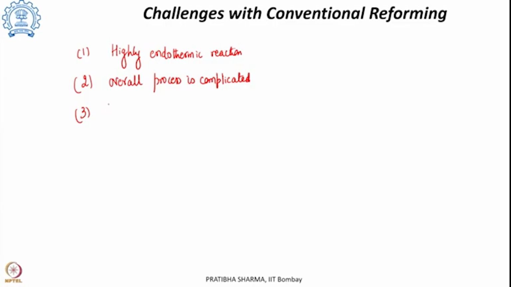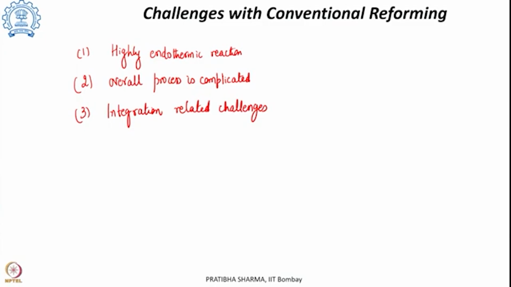So, there are integration challenges related to the different units. As such, a lot of thermal management needs to be taken care of so as to use the process energy efficiently.